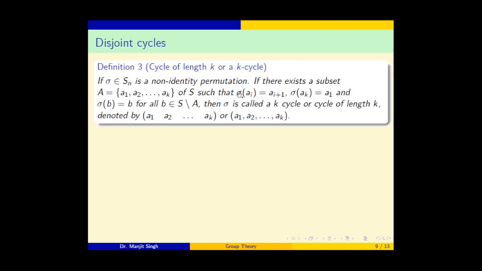It means that sigma is a permutation in Sn having a special role on this set A, in which sigma(a1) has image a2, a2 has image a3, a3 has image a4, and a(k-1) has image ak, and ak has image a1.